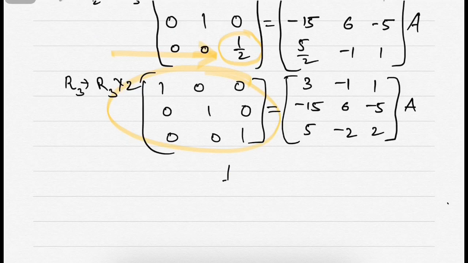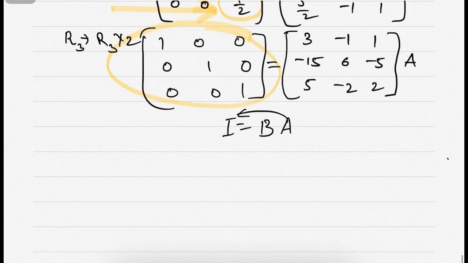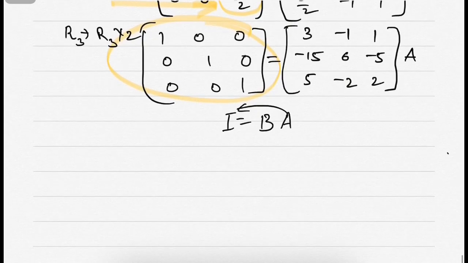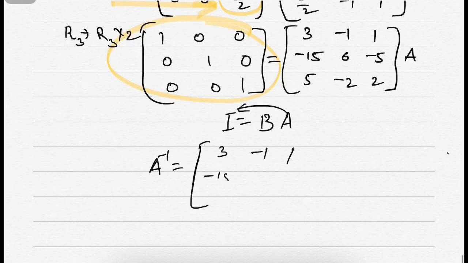So on the left hand side we have the identity matrix, and on the right hand side we have a matrix B multiplied by A such that the product is the identity matrix. It means that B is the inverse of A, that is A inverse is equal to 3, minus 1, 1, minus 15, 6, minus 5, 5, minus 2, 2.